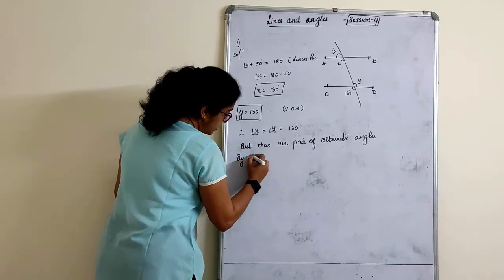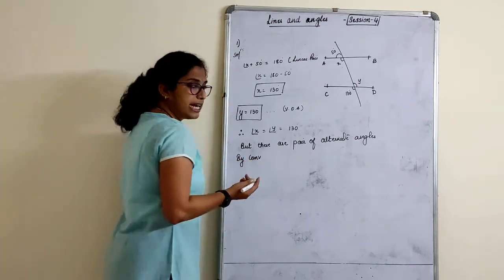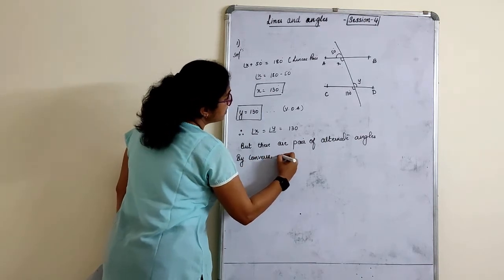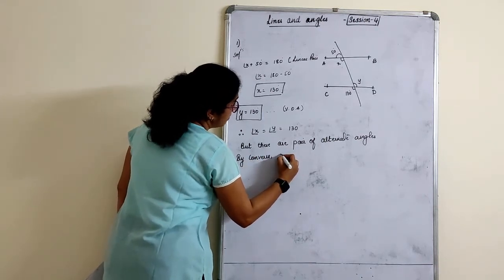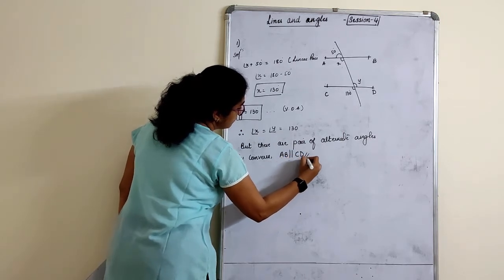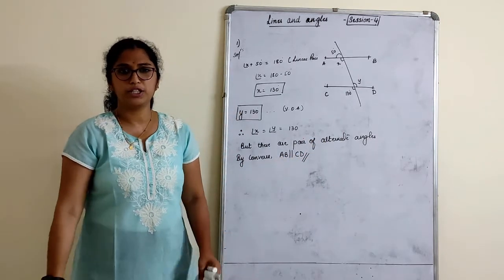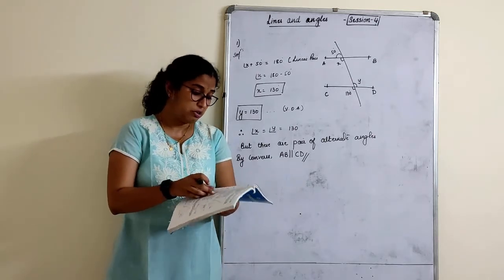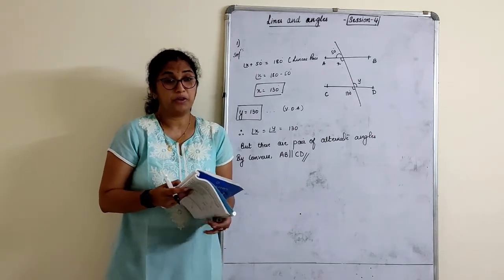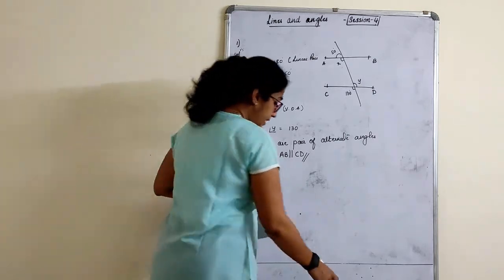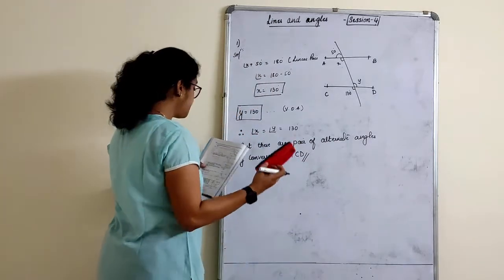You need not state the converse theorem, just write by converse, AB parallel to CD. Hence proved. That's all. This exercise is very simple. It's all about what you've studied and understood from the theorem. You have to just apply it here. We'll quickly move to the next one.